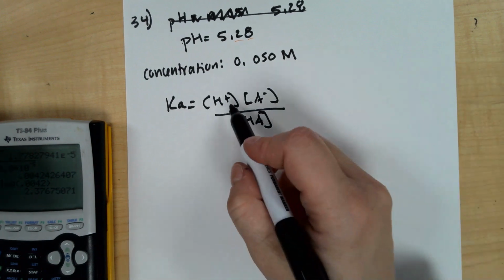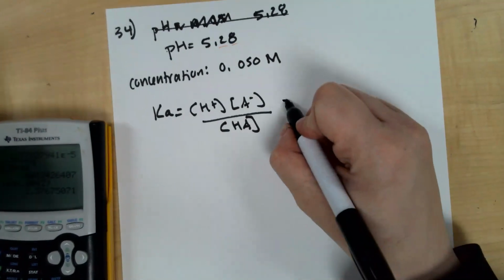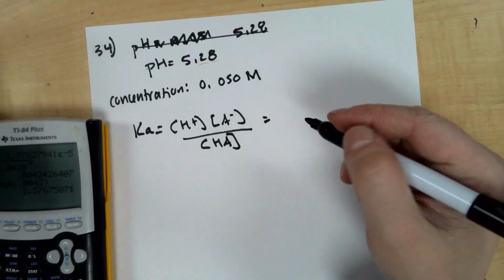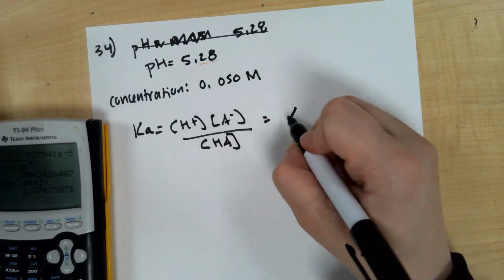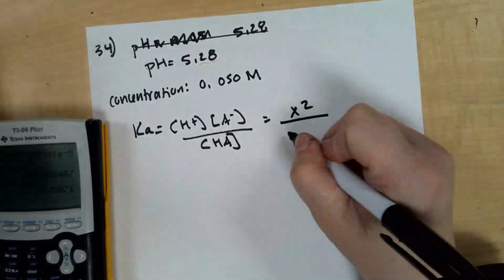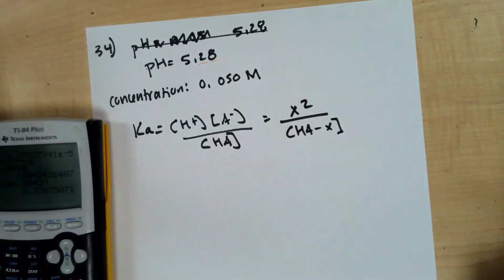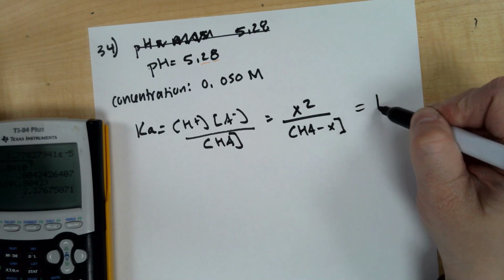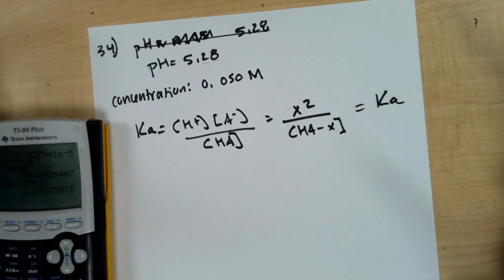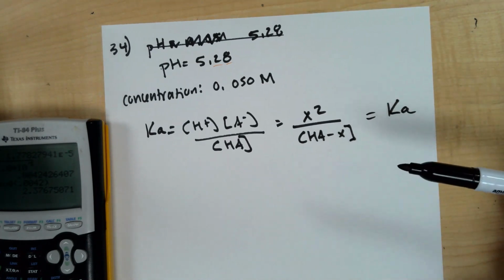But either way, we're always going to come up with these numbers here. This would always be x. That's always x. That's x squared divided by whatever HA minus x is. But it wants us to find Ka this time. It doesn't give us Ka, which means we're going to have to work backwards right now to get what x is.